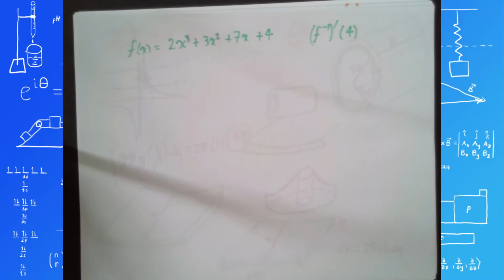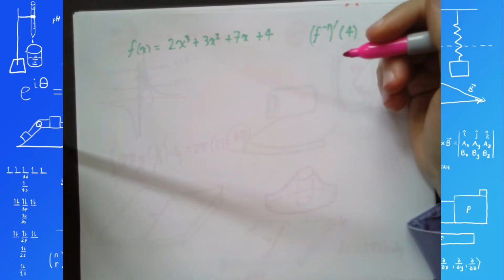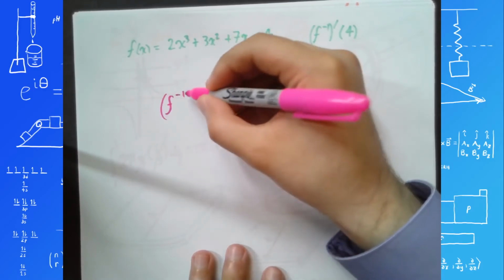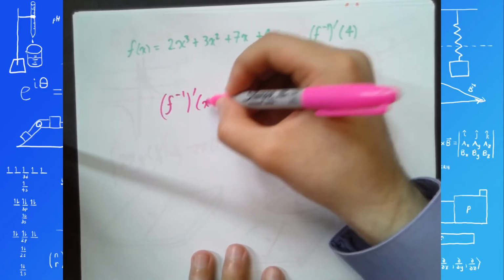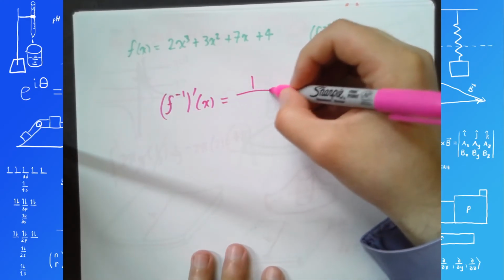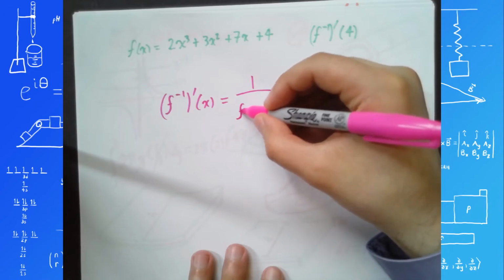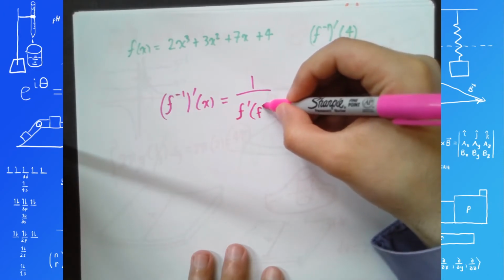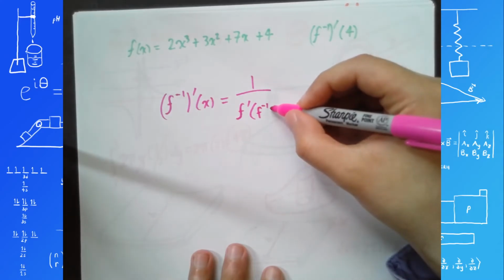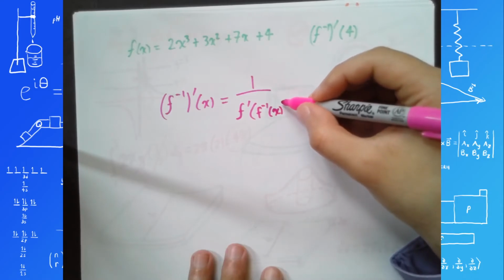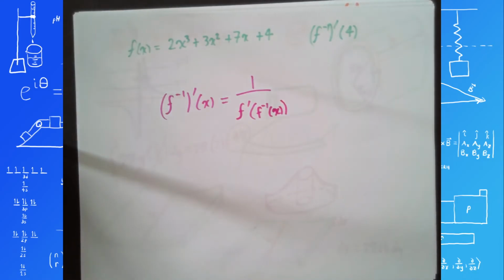Well, you can just use the formula for the derivative of the inverse. The derivative of the inverse is equal to 1 over the derivative of the main function applied to the inverse of the function at that same x value.